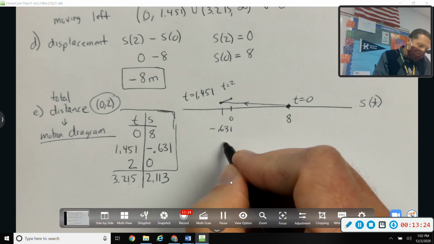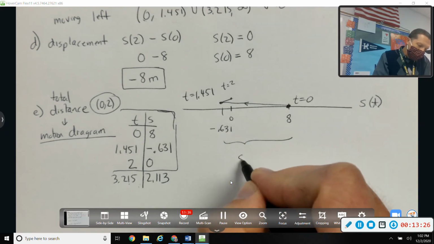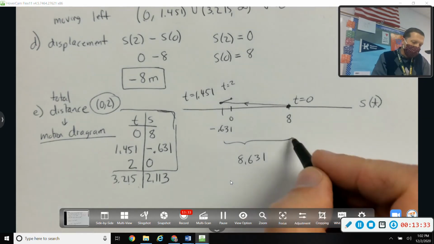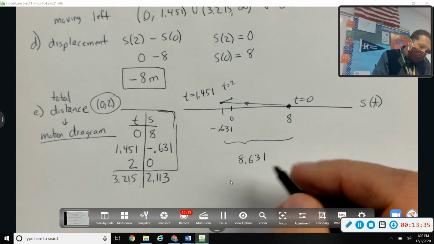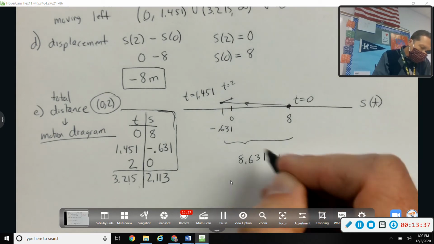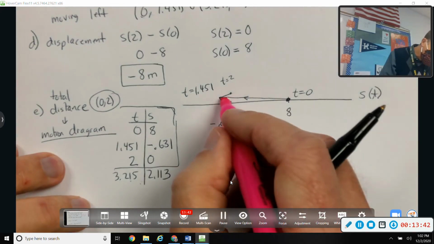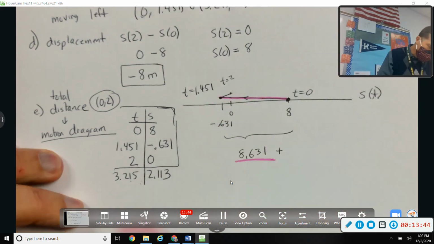So let's see. That distance is 8.631. Right, that was the first distance we traveled. And then plus, let's see, maybe this will help. So that's 8.631.